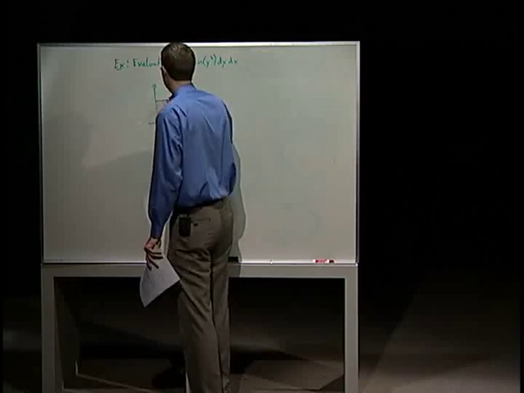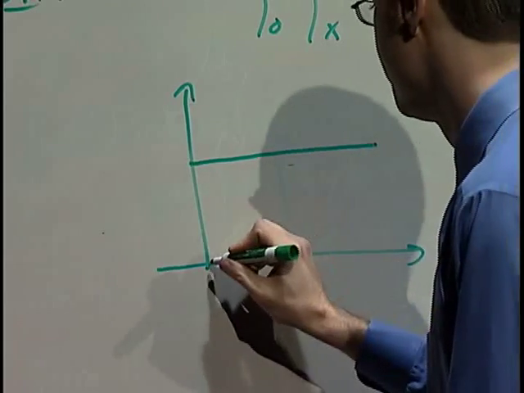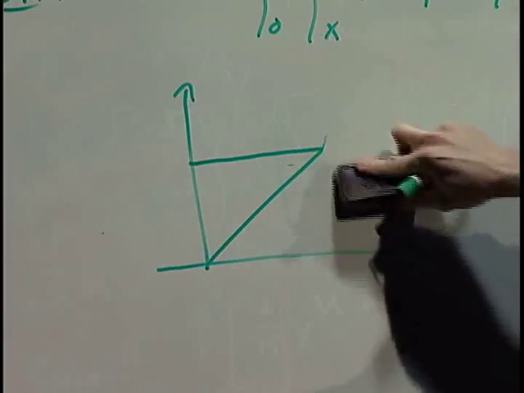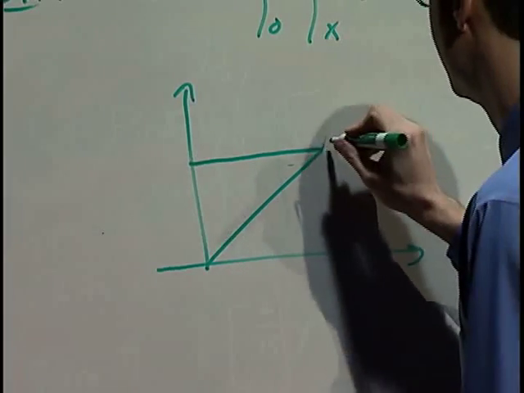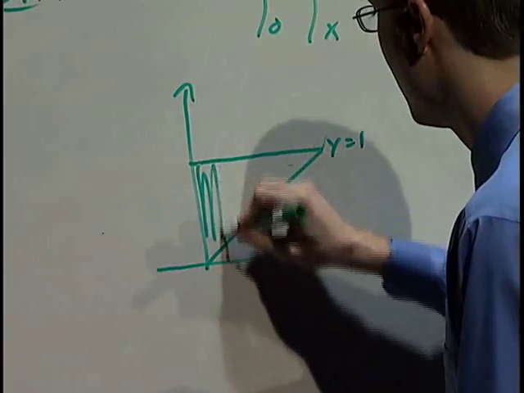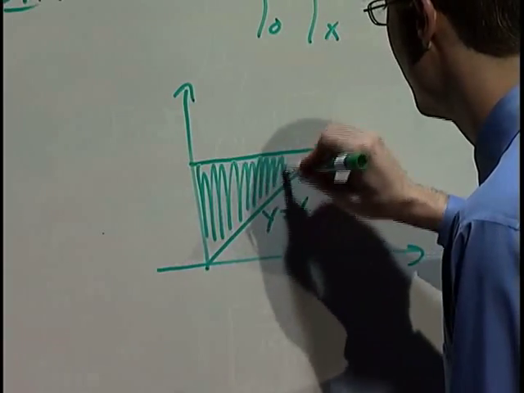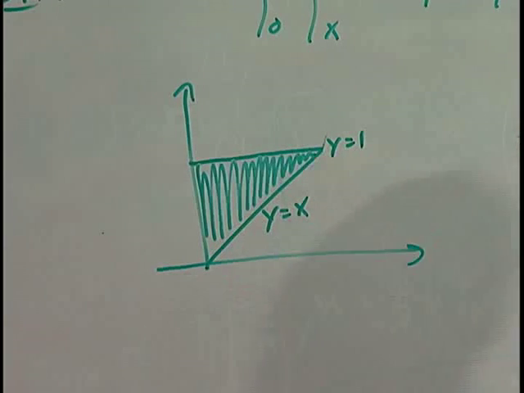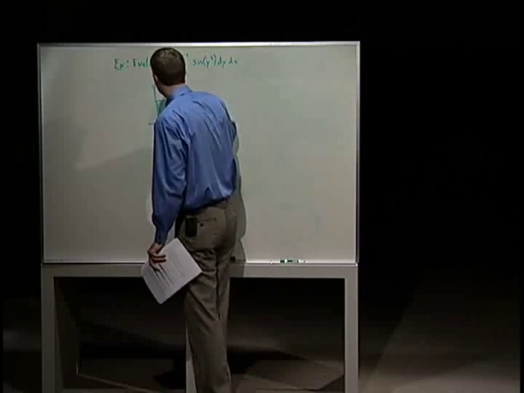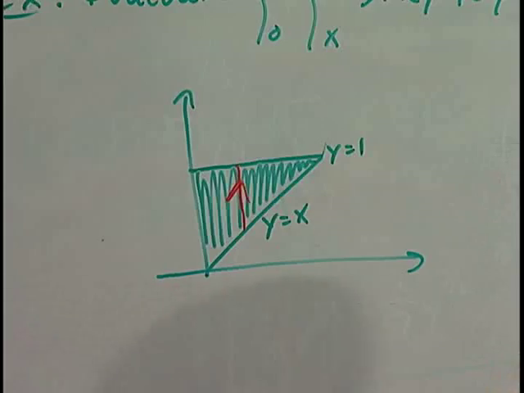So y equals 1 is just that horizontal line, y equals x is that 45-degree line. They want this region right here, right? And we're calling this a type 1 region, so we're proceeding up like that.